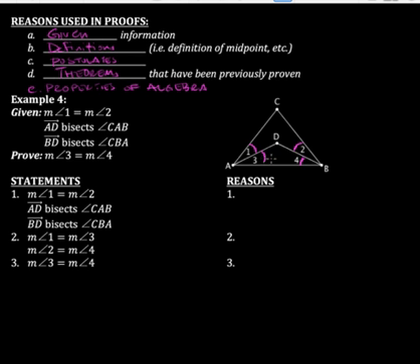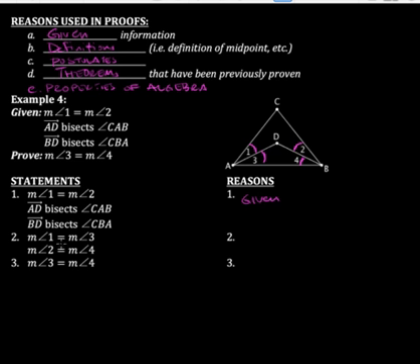I can see now that angle 3 and angle 4 are congruent because they have the same marks, but those marks came about based on this given information. So let's see how we can prove that this angle 3 has to be equal in measure to this angle 4. Statement 1 is all the given information, right? That measure of angle 1 equals measure of angle 2, that ray AD bisects angle CAB, and that ray BD is bisecting angle CBA. So that's all the given information.